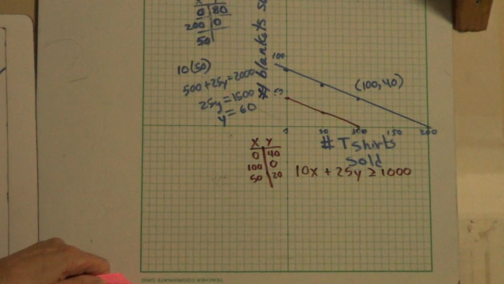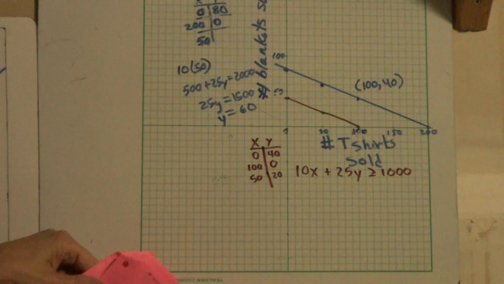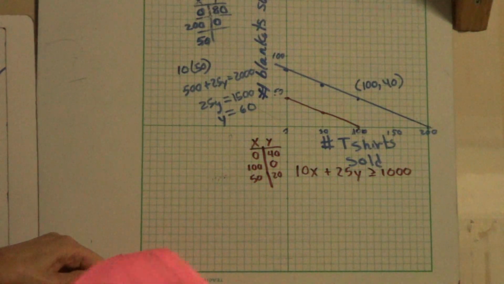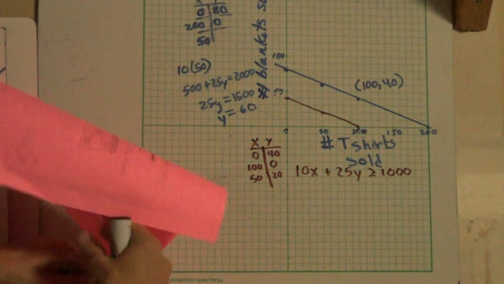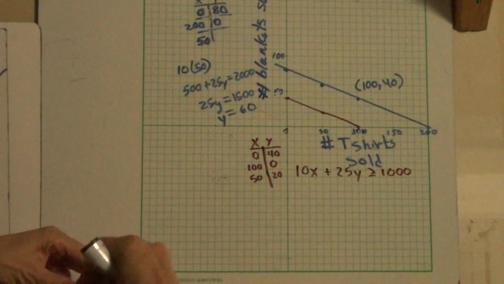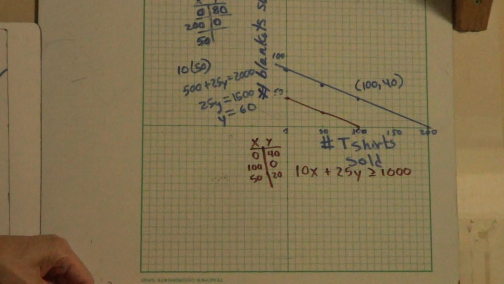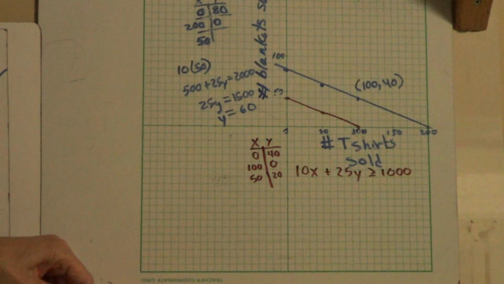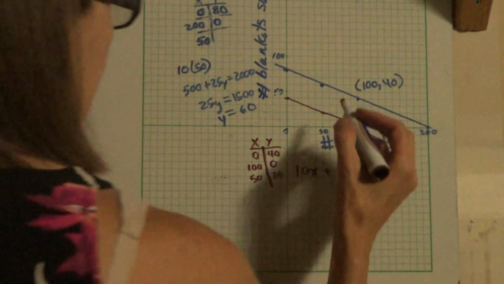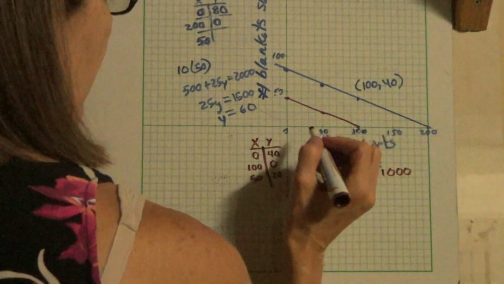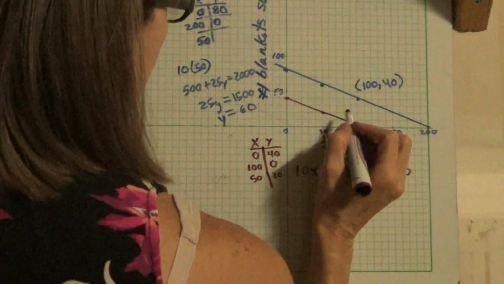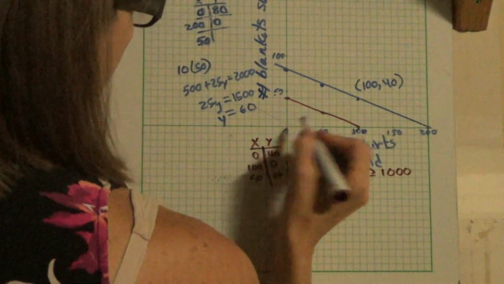Now because that's a minimum, we know we need to sell more than that in order to make our trip. So the way that I suggest that you do that is plug in a point. And I would just choose a simple point out here. Or you could actually try (0, 0).